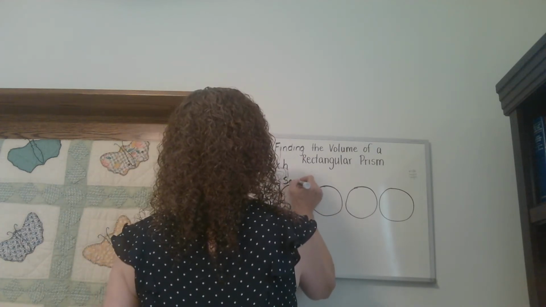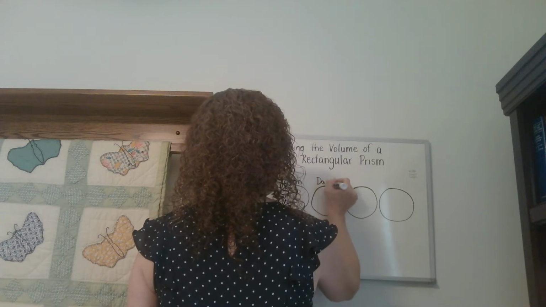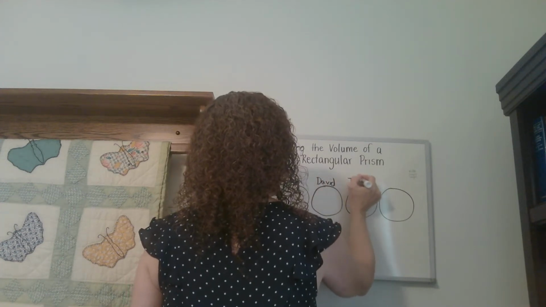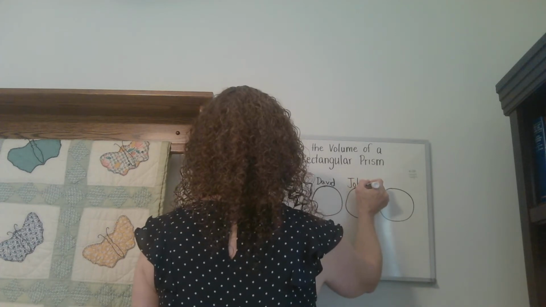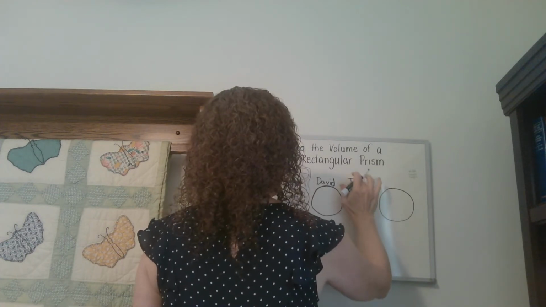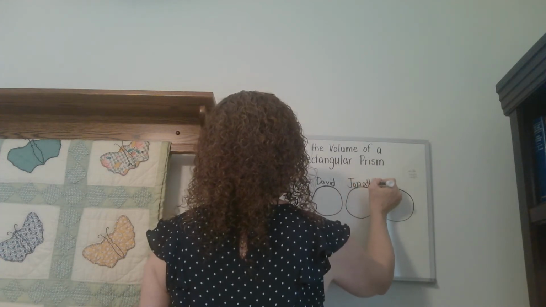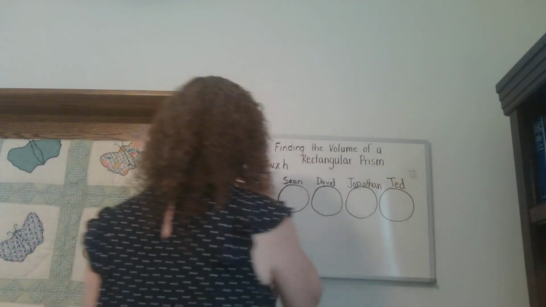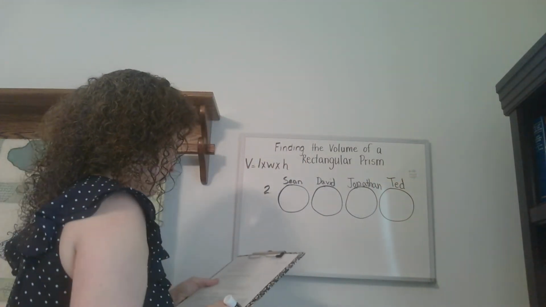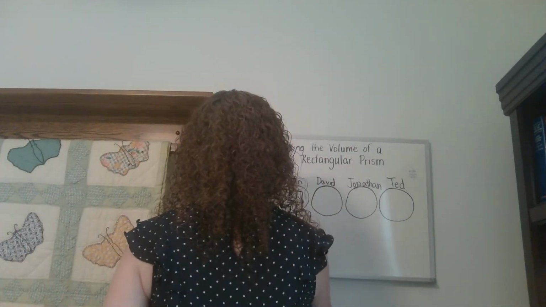This is Sean's. This is David's. Jonathan's. And Ted's. Okay, so there's 12 cookies, and we want to divide them up.